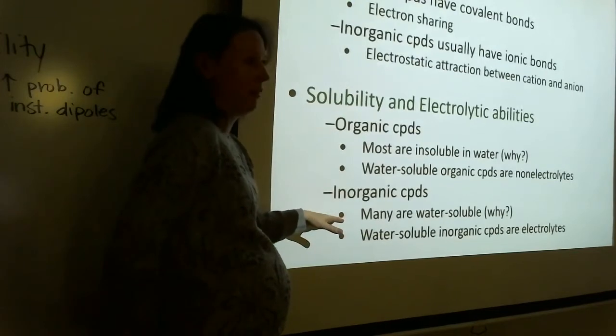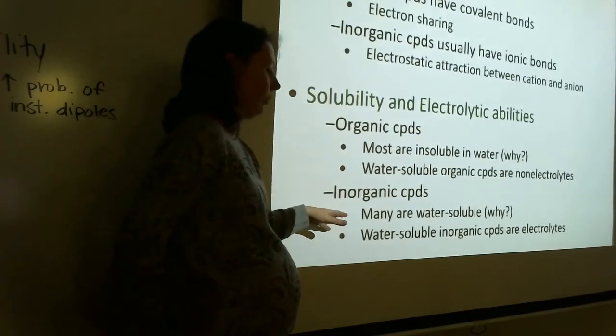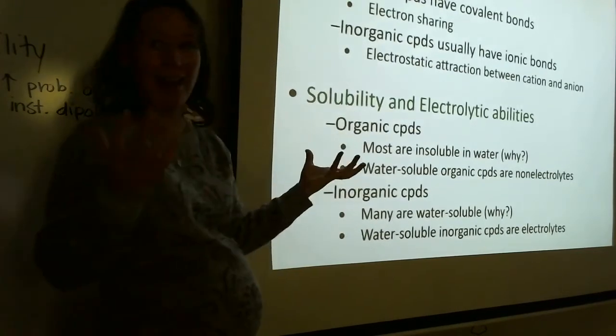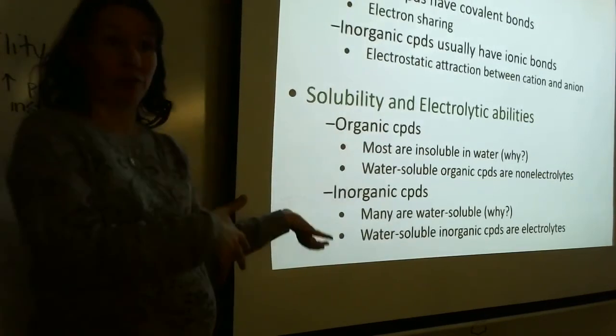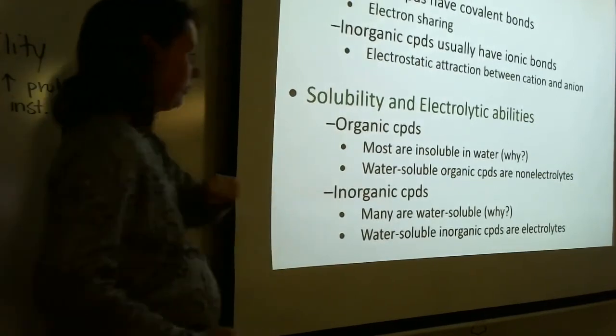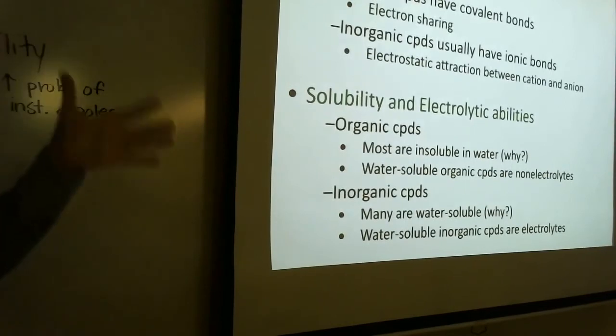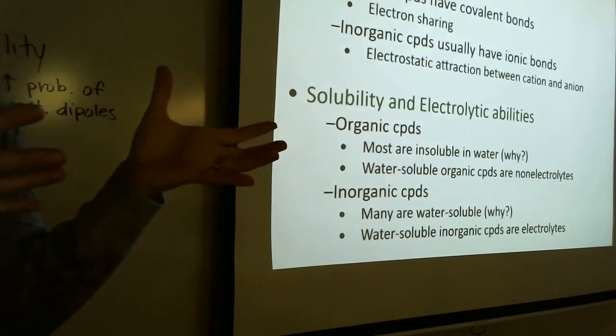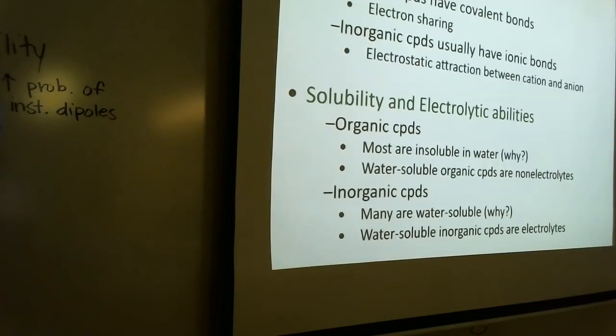But inorganic compounds, on the other hand, a lot of them are soluble in water, right? Anion, cation, that's a positive, negative. Hey, that dissolves great in water because water is positive, negative. So all the things that we learned in Gen Chem and Intro Chem are totally different from what we're going to be looking at here. We're not going to be dealing with any of those transition metals. We're not going to be dealing with cations and anions and all that stuff.